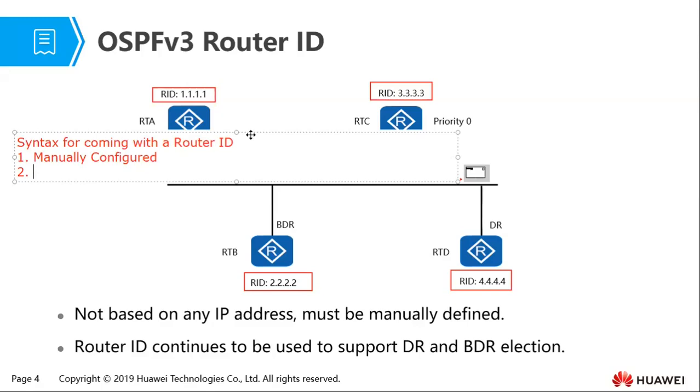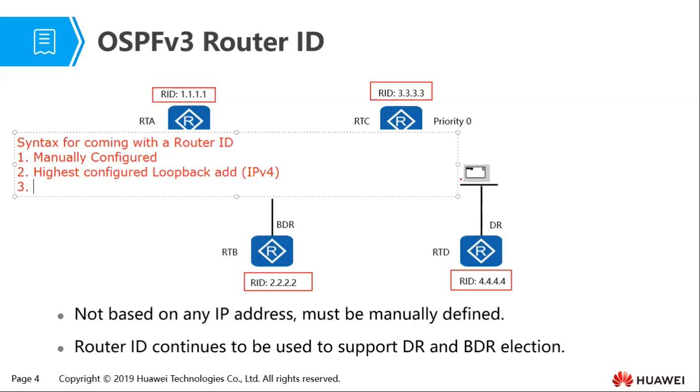The IP address of the loopback interface, the highest. Exactly. The highest configured loopback address. Remember, this is an IPv4 address. Then, if that is not there, the highest IP address of an active physical interface. Again, this is an IPv4 address.